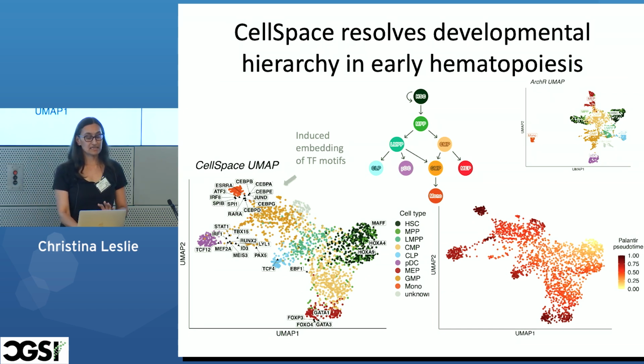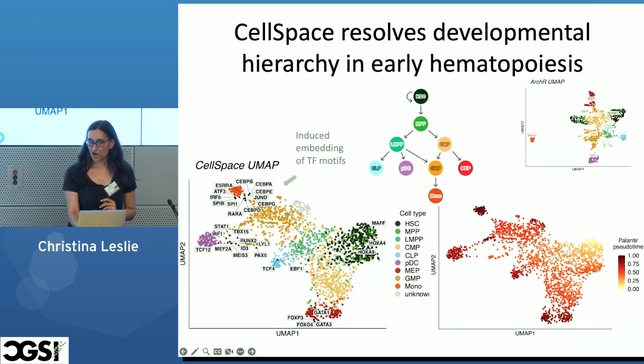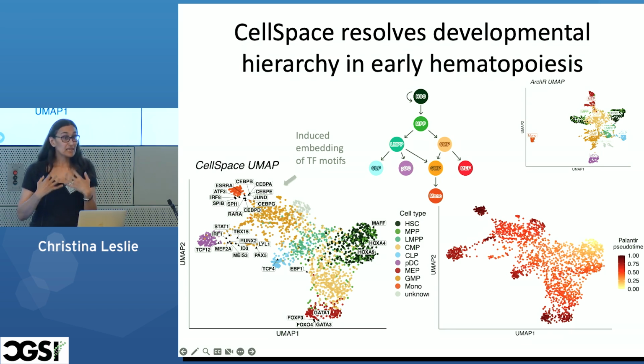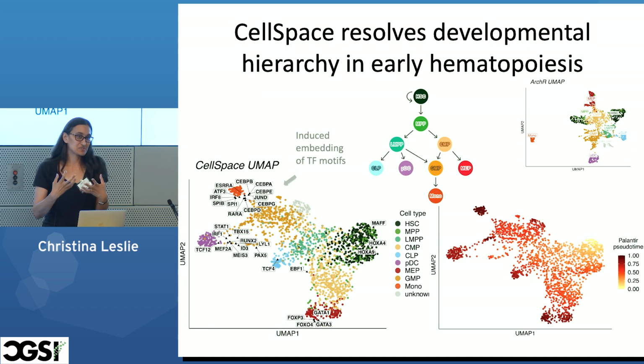If you see closely here, I know it's a little hard to see, these labels are actually the embedded motifs. And what you can see is that the motifs are embedded close to the cells in which they are accessible. For example, HOXA9 is a known hematopoietic stem cell transcription factor. It's embedded near the green cells.